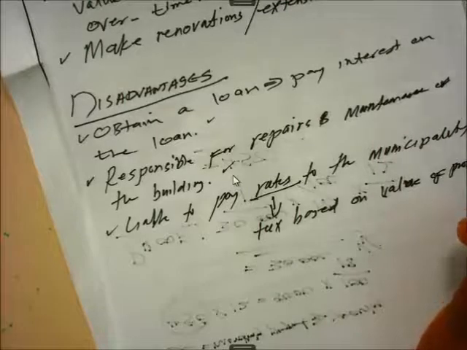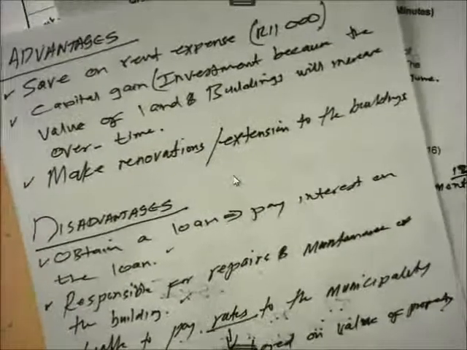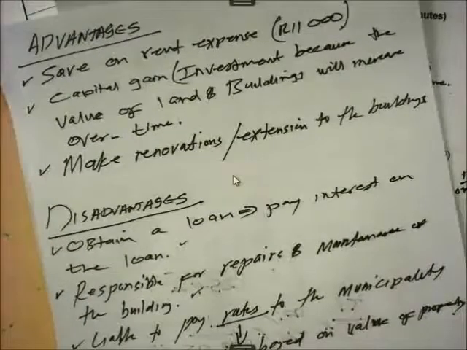So now you must pay rates to the municipality on that property. That is another disadvantage. So this question is very simple. I don't see anyone losing marks if such a question may appear, because it is actually common sense that you need to apply there.